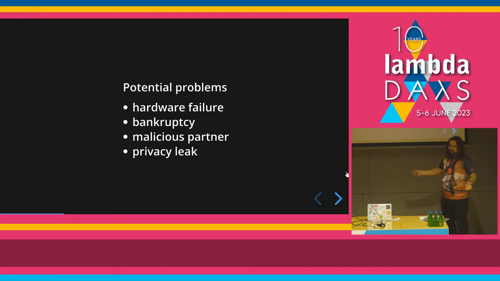Now, for instance, customers' data are gone. You don't really know the contracts you had. Everyone is somehow affected. Companies go bankrupt. The legal system changes, so someone can turn malicious.